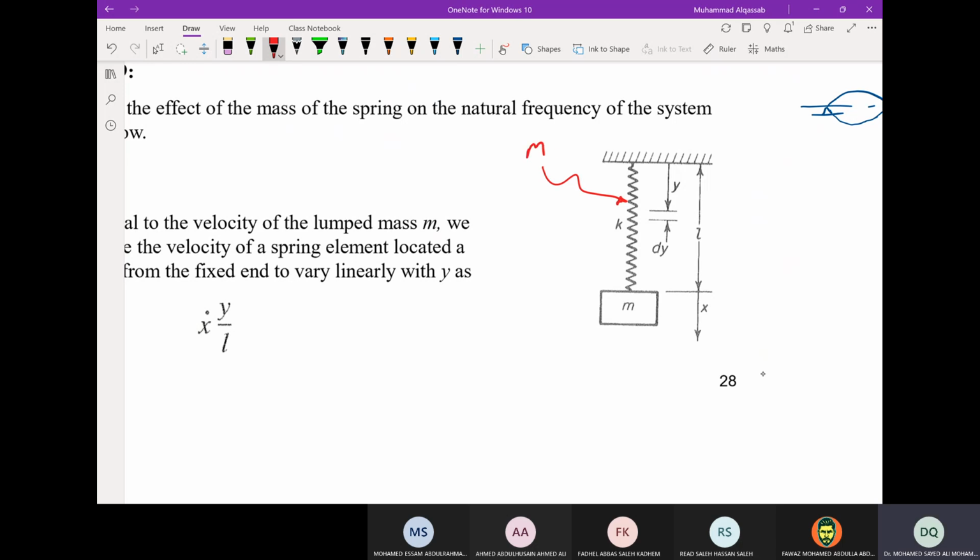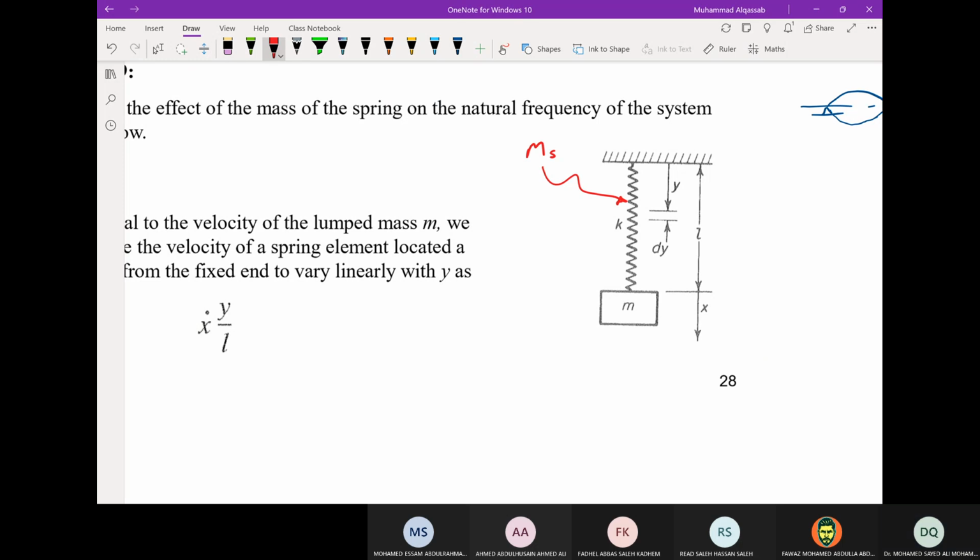This has a spring mass, ms, and we'll assume that the mass is uniform. So it is uniformly distributed, like the coil diameter is the same throughout, of the same wire of the same diameter.